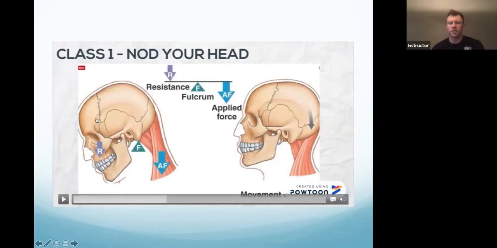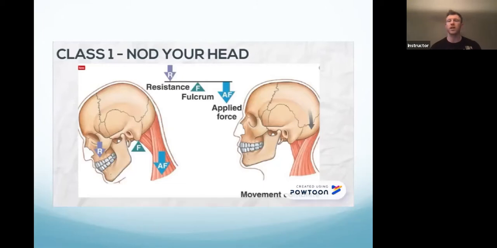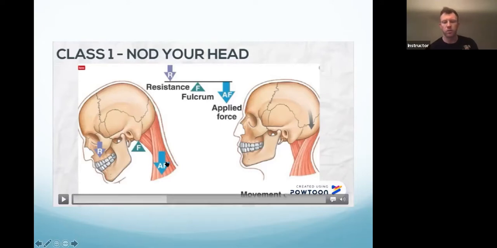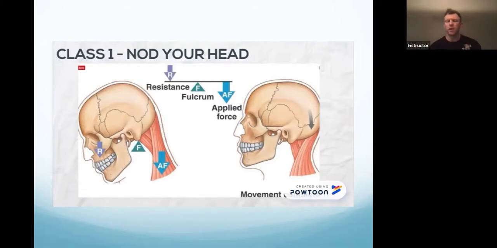Your resistance is gravity, pushing downward. And you're fighting that, and then you're applying that force to pull your chin downward, right? So you've been standing upright, the force is applied as you go, but the muscles that do that are back here. So they are in between that balance point as we go. Does that kind of make sense? So that's your first class lever. So looking for those arrows in that balance.